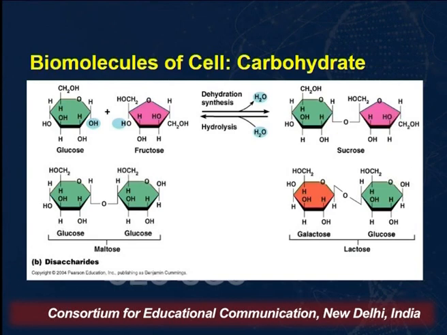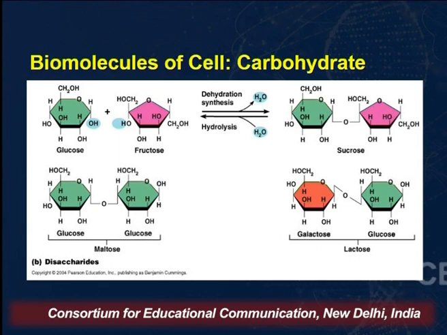Now, in the carbohydrates, if we see over here, the glucose and the fructose combine with one another to form a disaccharide, which is called sucrose. In this dehydration synthesis process, there is a release of water.